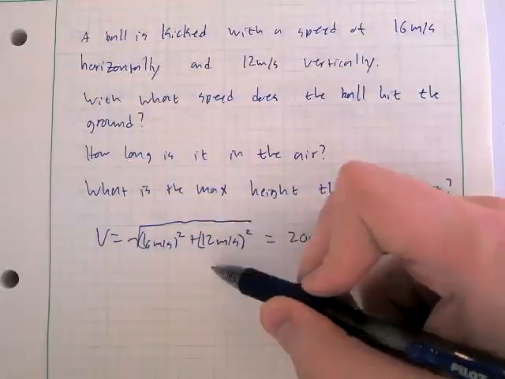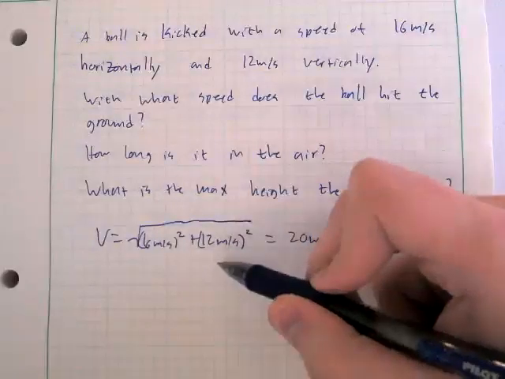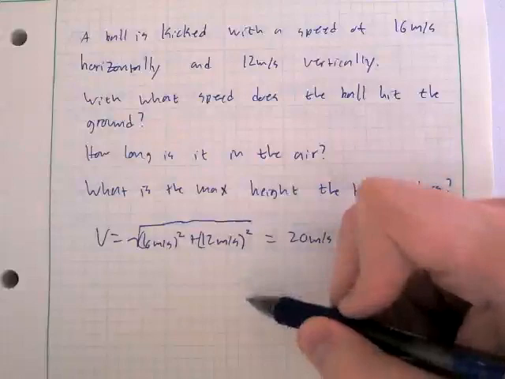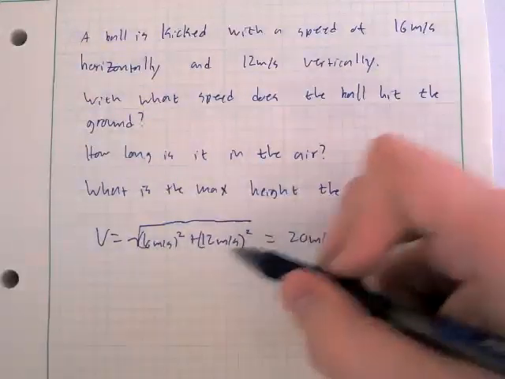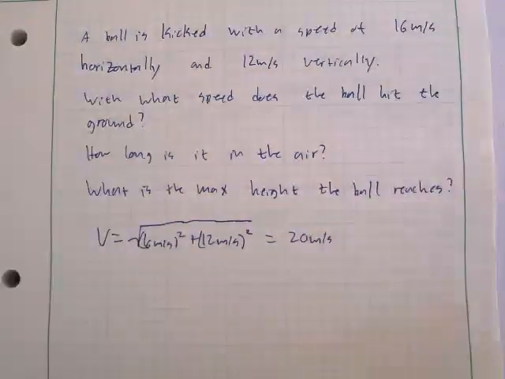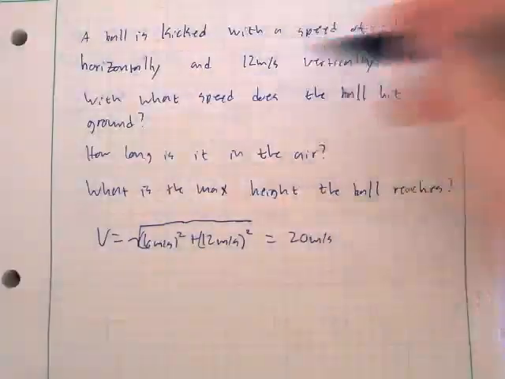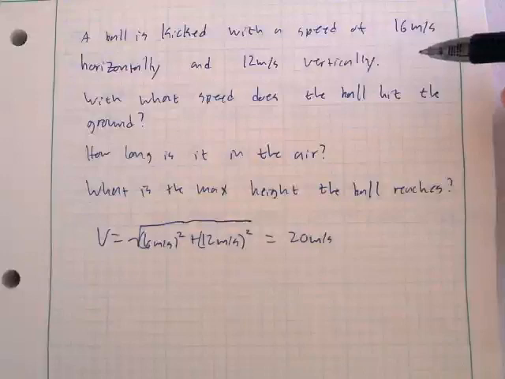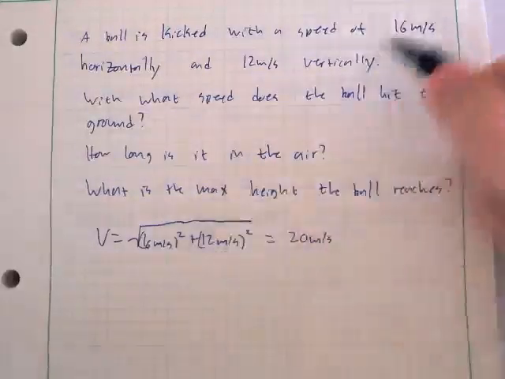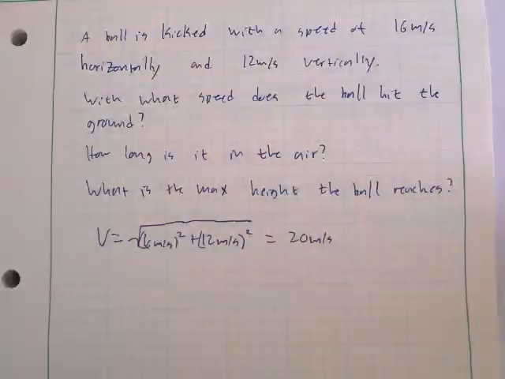At its maximum height, it has a zero y velocity, but then it will accelerate over that same vertical distance back down, and when it hits the ground, it will again be moving at 12 meters per second, now in the negative vertical direction, downward. In other words, since I launched this ball on a level surface, the speed that it lands with is going to be the same as the speed that it is launched with.